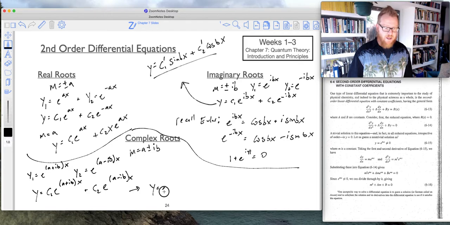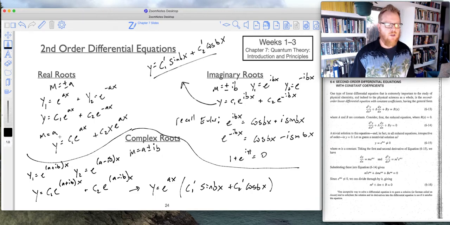It will go as y equals e to the ax times c1 prime, which is different than the c1, sine bx, plus c2 prime times cosine bx. So I'm going to box all of our general solutions that I want you to keep in mind.